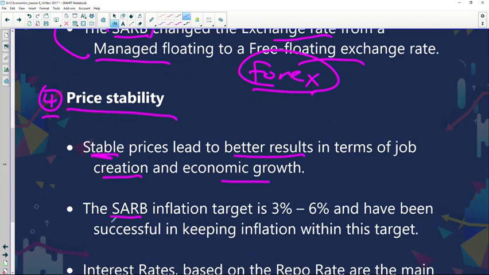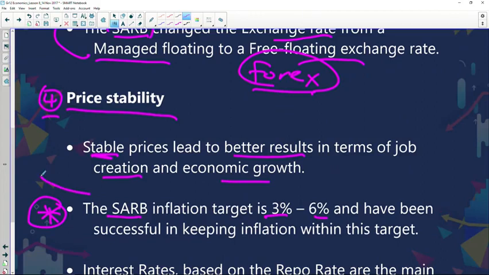And we know that the South African Reserve Bank tries to keep a certain target when it comes to inflation, between 3 to 6%, and they have been very successful in keeping inflation within this target. That's one thing that's always positive about our economy.